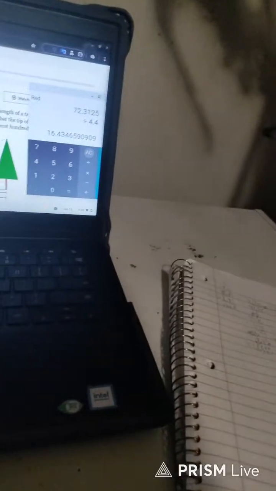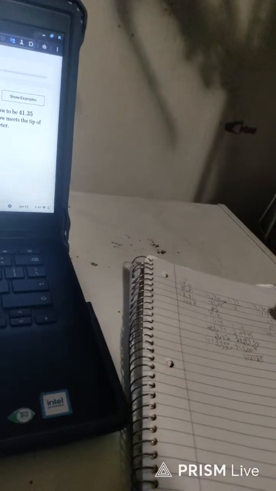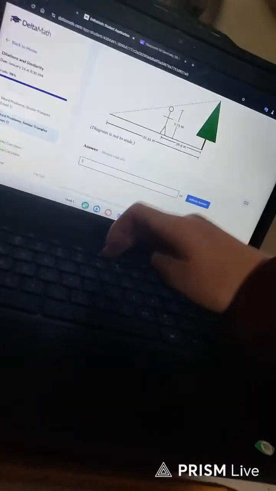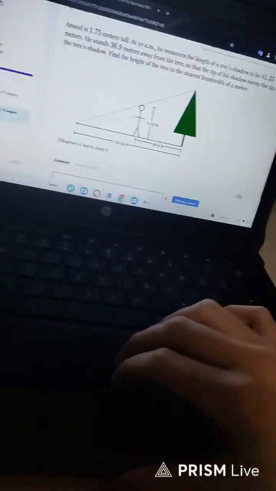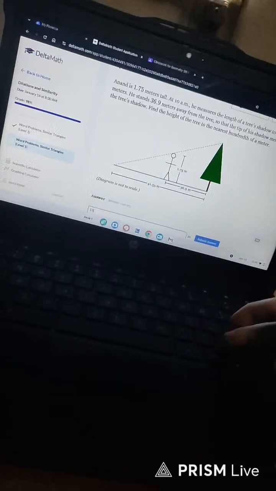And we have to round it to the nearest hundredth, so x is equal to 16.43. Find height of tree. So it's gonna be 16.43. That's all I need to put.